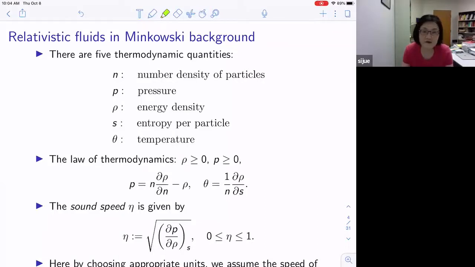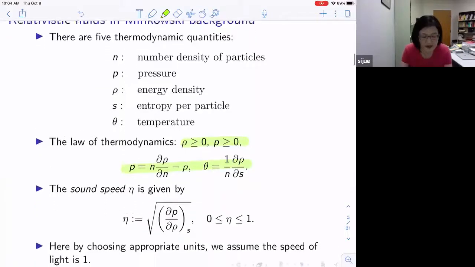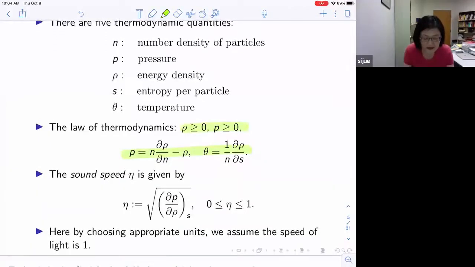From the laws of thermodynamics, the energy density and the pressure have to be non-negative, and they also have to satisfy these relations: p is n times d rho dn minus rho, and theta is 1 over n times dp ds. That's the general thermodynamics. The sound speed is defined as dp d rho, relative to the entropy.